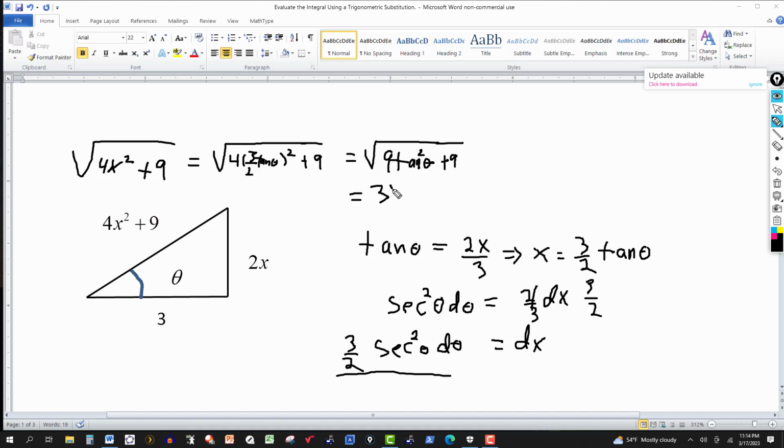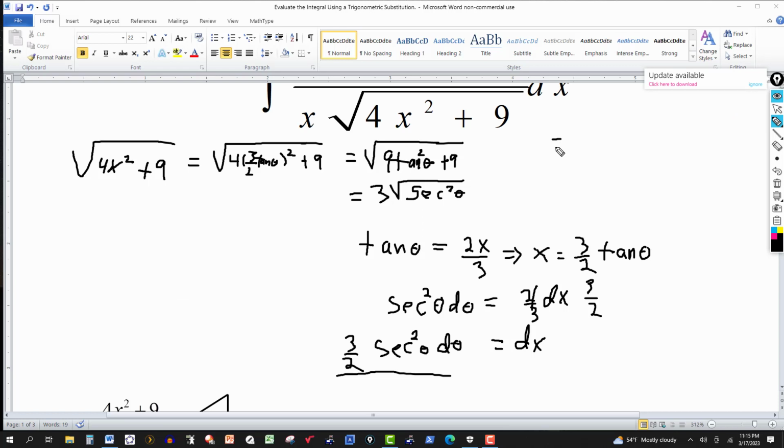And then under the radical, this becomes tangent squared theta plus 1, after I factor out the 9 and take the square root. But tangent squared theta plus 1 is the same thing as secant squared theta. That's one of your basic identities.